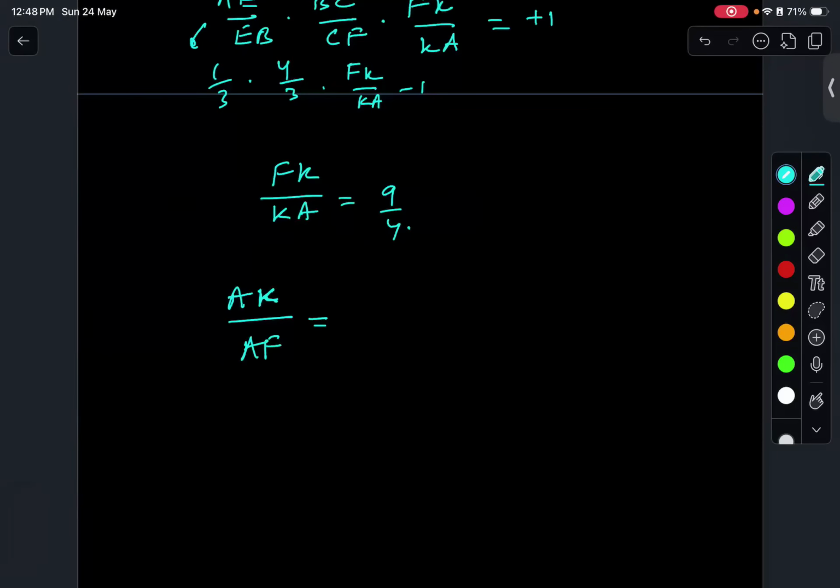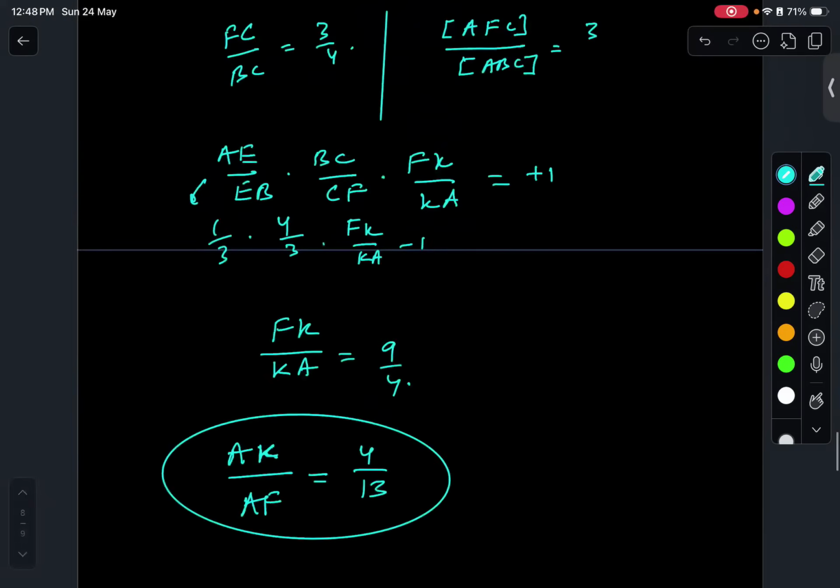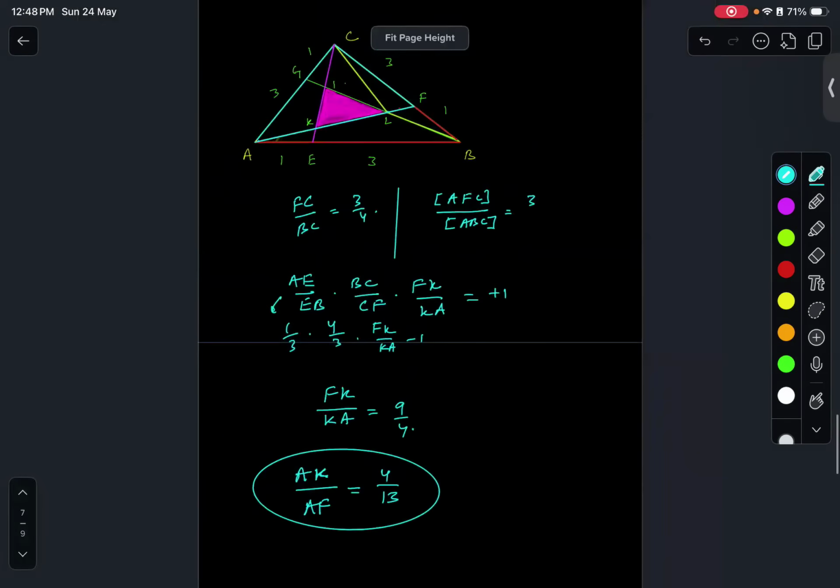So with complete length, this is 4/30. Now you are reaching to the point. Are you getting this? Okay. This AK and directly you are getting FK. Though with the total area, you can see that.